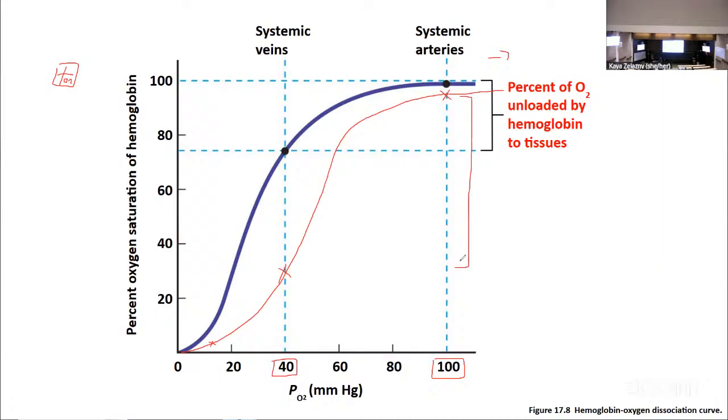A lot more with this rightward shift than from our baseline. So this is more unloading. We have let go of more oxygen at the tissue now. So more unloading under these conditions of lower affinity.